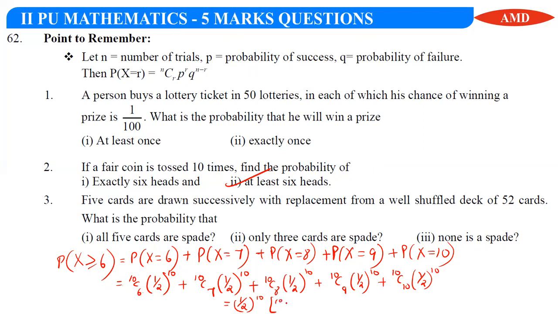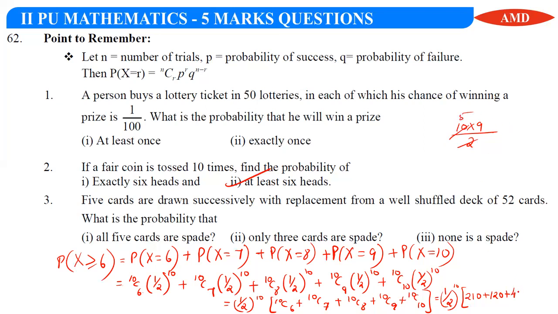What remains is 10c6 plus 10c7 plus 10c8 plus 10c9 plus 10c10, which is equal to 1 by 2 to the power 10 into 10c6, we have already found out, students, that is 210, plus 10c7, you can evaluate it later, it is actually 120, plus 10c8. 10c8 is nothing but 10c2. 10c2 is nothing but 45.